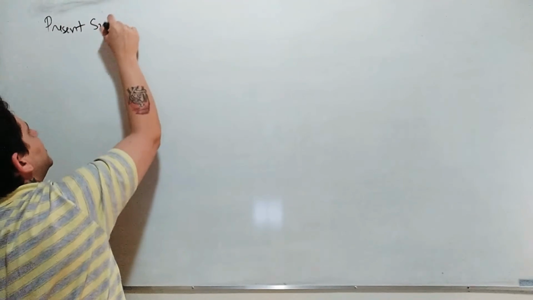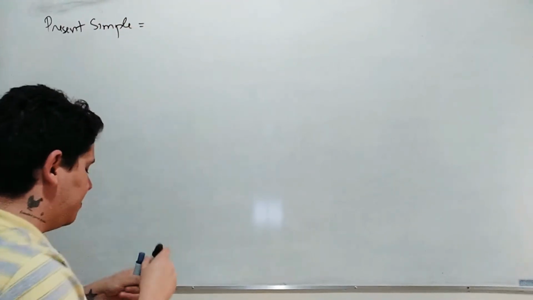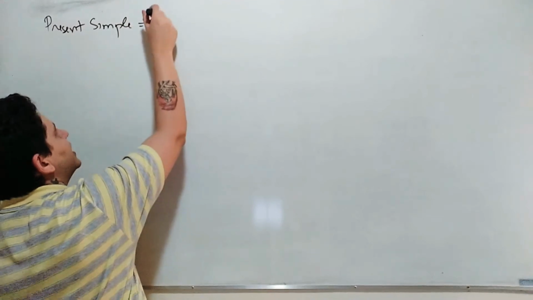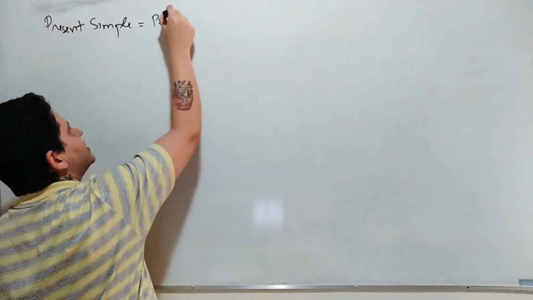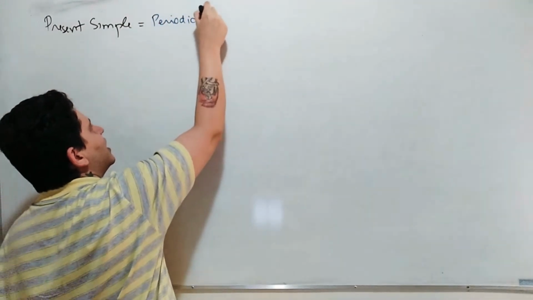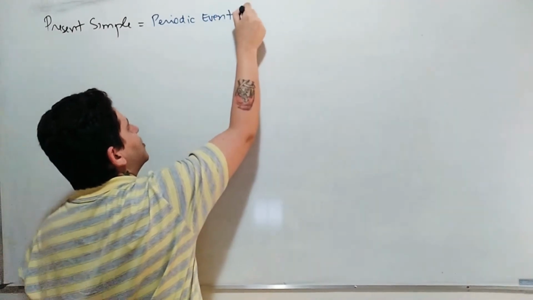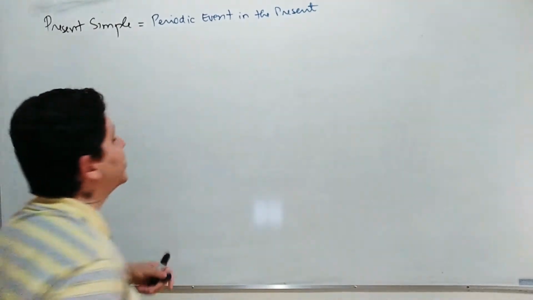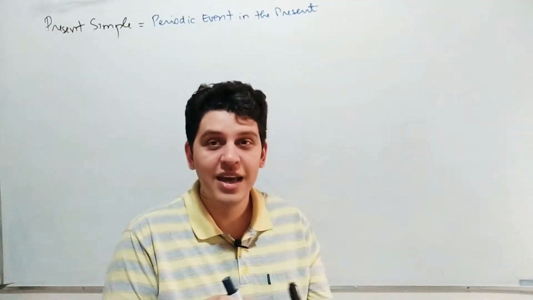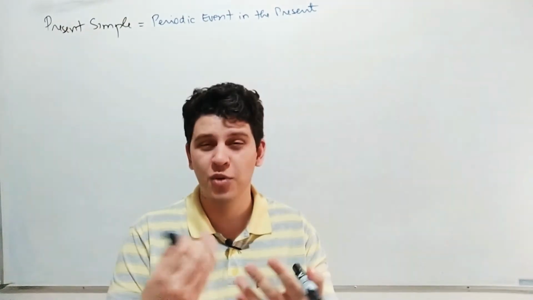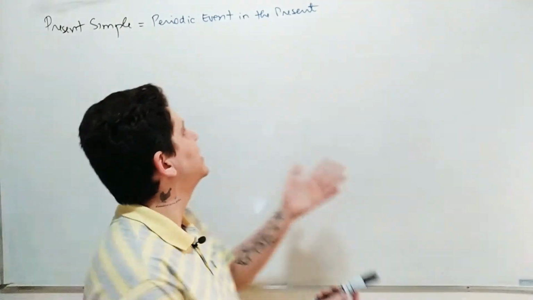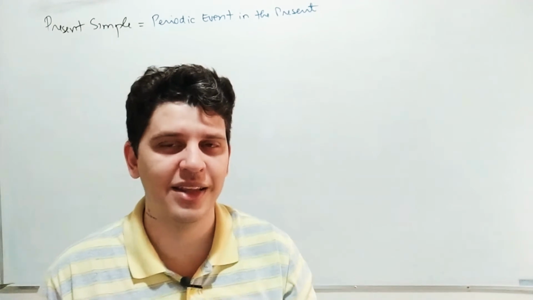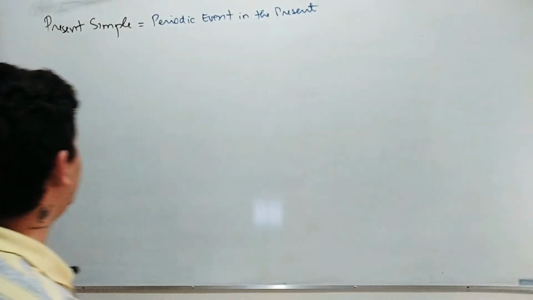So every time you see that, you can be sure that you are describing some periodic event in the present. Okay, that's the meaning of present simple in simple sentences. Because in more complex sentences and in more advanced English, you see that sometimes this can also be used to describe the future, but we will get there in due time, not right now.